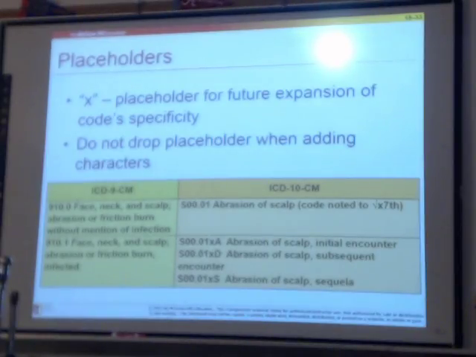That was all one code. Anything you did to any kind of abrasion to the face, neck, or scalp was under one code. In ICD-10, we can look at each one. So an abrasion to the scalp also has to have that seventh placeholder, where it says code note for 7th place, and you're going to put an X.